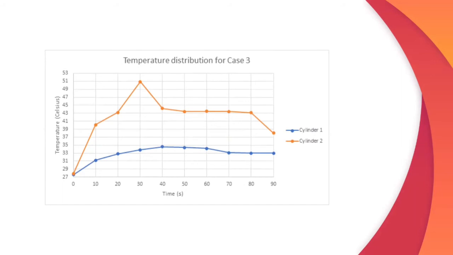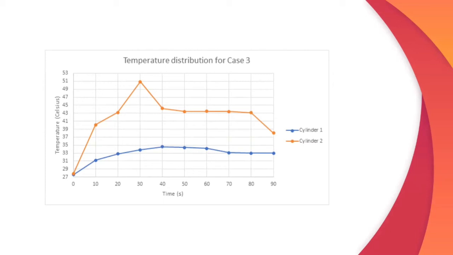The third case temperature distribution is similar in a way to the second case temperature distribution, as we can see that the larger specimen heats up the medium more. There is a considerable difference in the peak temperature between case 2 and case 3.